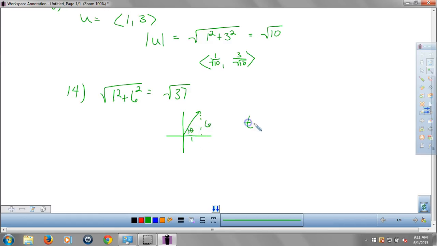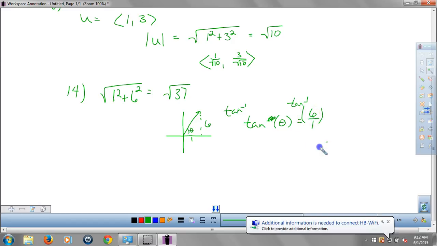So then I do tan of theta equals 6 over 1. So then I tan inverse both sides. Okay, and when I tan inverse that, about 80.5 degrees.